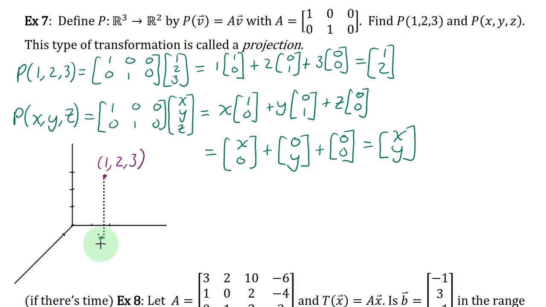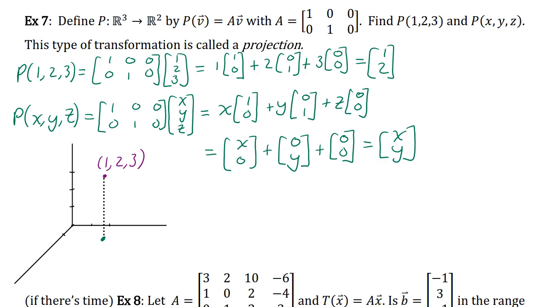There we go. So something like that. So it takes the third dimension and basically erases it and gives you kind of like a shadow. That's the way you want to think of a projection, as a shadow.